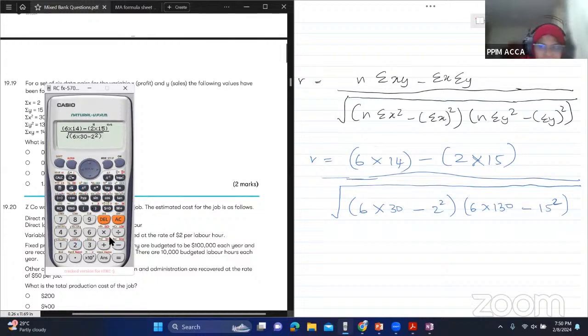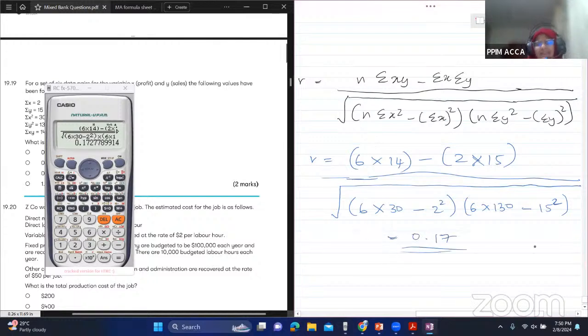Close the bracket. You multiply that with, open brackets again, 6 into 130 minus 15 squared, close the bracket and the equal sign. Okay, so the answer is 0.17. So if you have, like I said, the natural display, it's very easy.